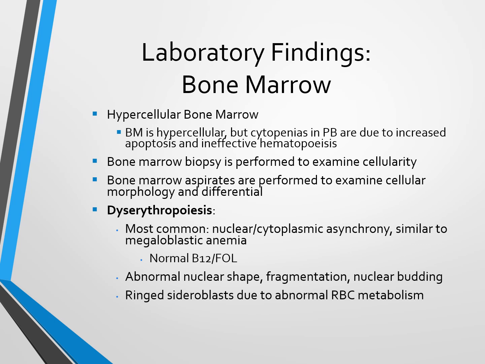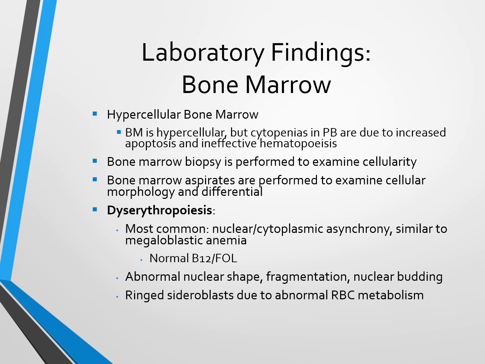So we're going to look at the bone marrow biopsy to see how many hematopoietic cells are present in that bone marrow. The bone marrow aspirate is performed to examine cellular morphology and do a differential. So biopsy is to examine cellularity, and bone marrow aspirates are performed to see what kind of cells there are and are they of normal developmental morphologies. So what we might see in that bone marrow is dyserythropoiesis.